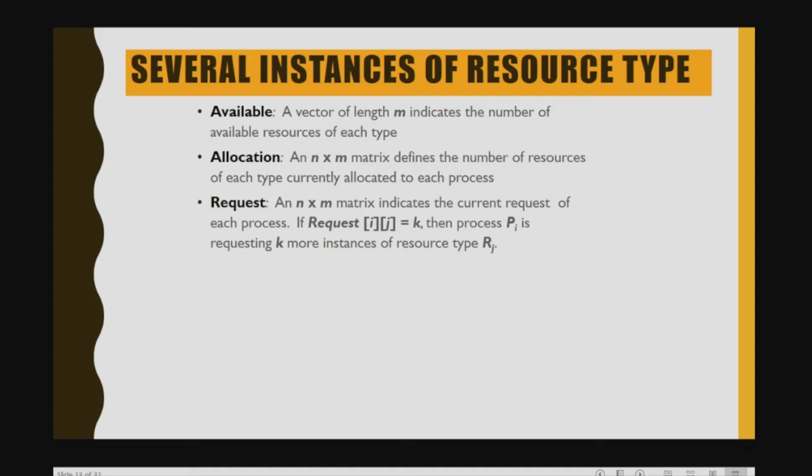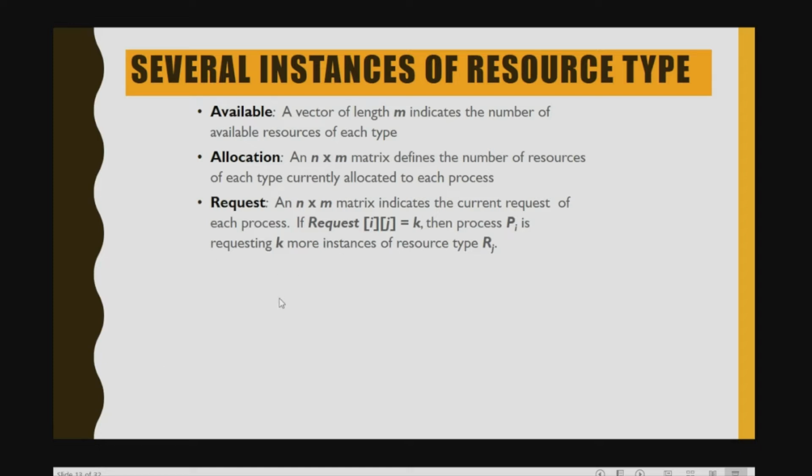There are three terms that you should know: available, allocation, and request. Quite similar to prevention and avoidance, where we have allocation, request, maximum, needs. Available is a vector of length m indicating the number of available resources of each type. Allocation is an n times m matrix defining the number of resources of each type currently allocated to each process, meaning the resources allocated to a process.